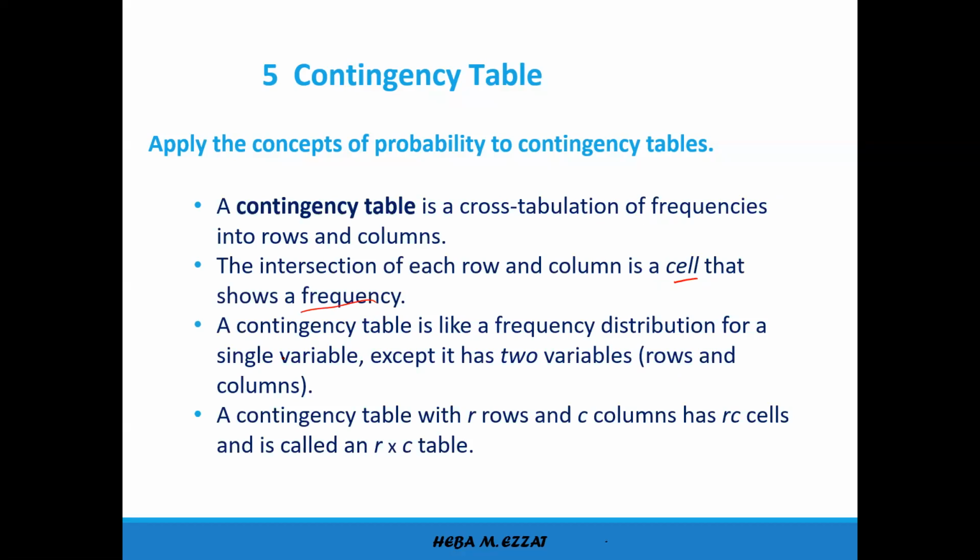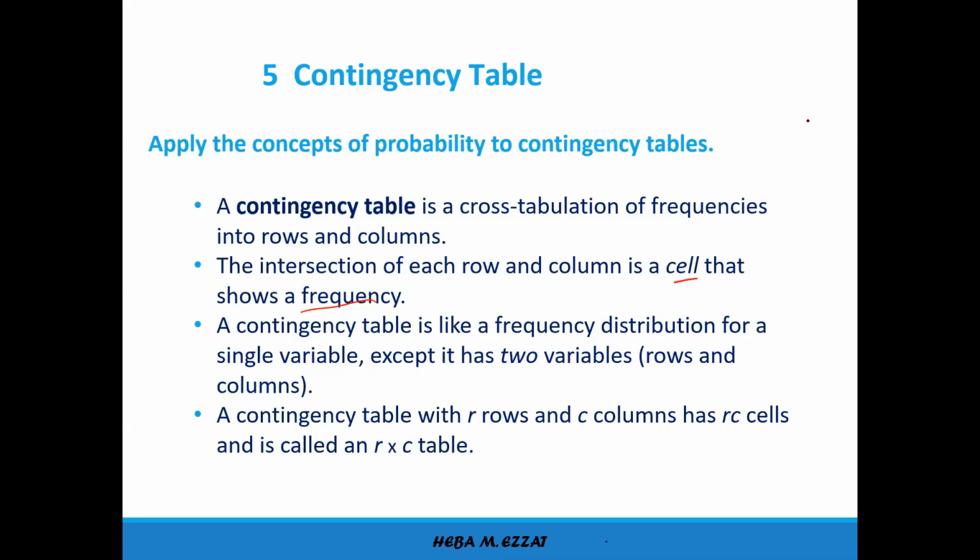Of course, we'll take examples now and you will understand this very clearly. A contingency table is like a frequency distribution for a single variable, except it has two variables.